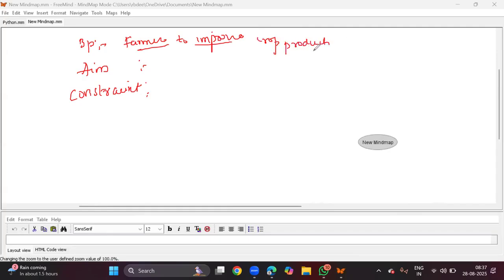This is something which we try to solve for an agribusiness student. Now tell me what is the aim. You put it in the chat. Both of you can put it in the chat.